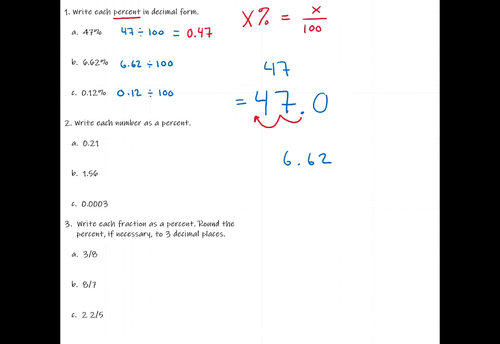So now when we move the decimal point 2 places to the left, or divide by 100, there's another space we need here. So we need to fill in that space with a 0. So when we divide 6.62 by 100, you should get 0.0662.